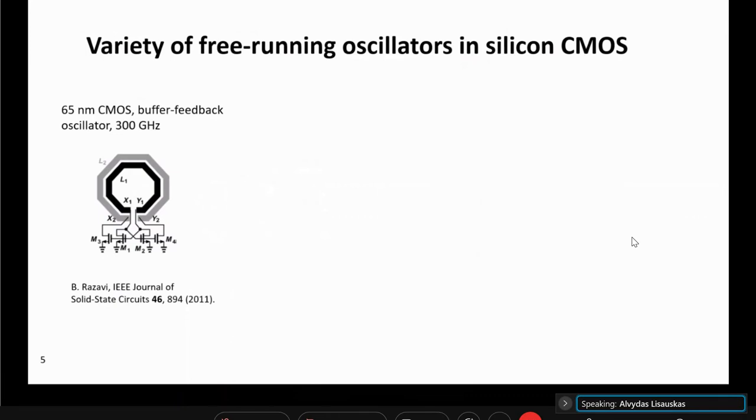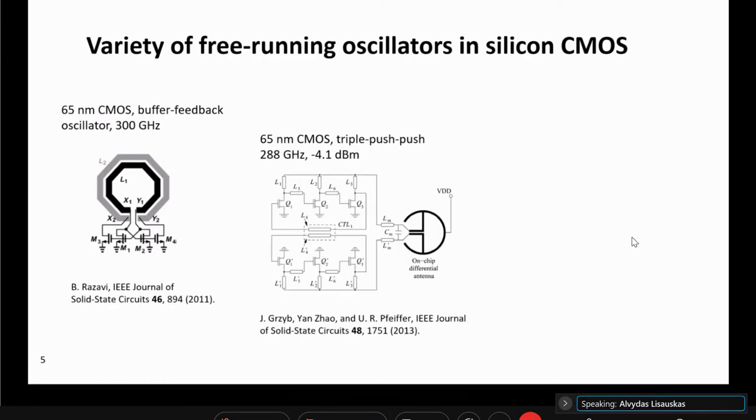Since then there has been development also in topologies, because push-push appeared not to be the best topology for high-frequency operation. In 2011 there was a strange paper saying that you can have 65 nanometer CMOS in this specific buffer feedback oscillate directly at even 300 gigahertz.